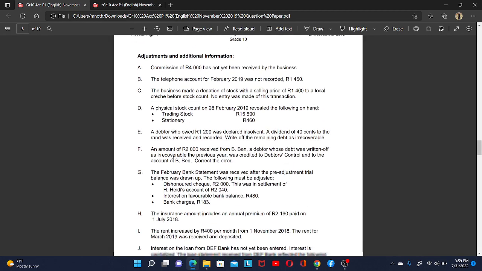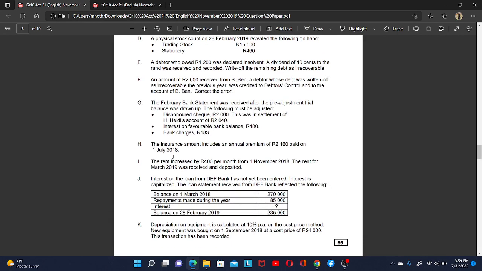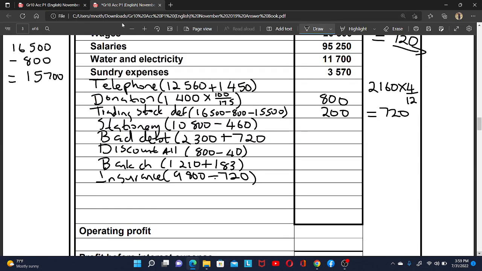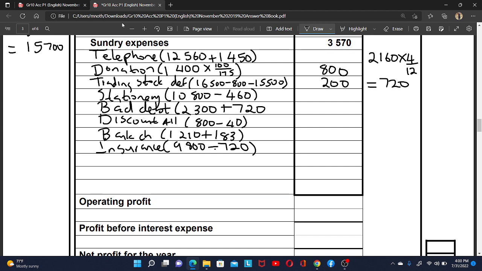So we don't have an interest here. So we only have this interest for the interest income is 408. Interest income is 480. So now here we have an interest expense.